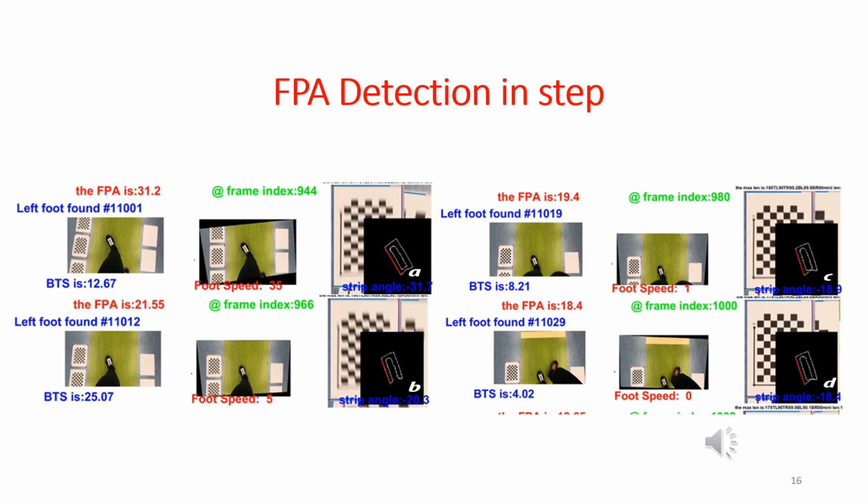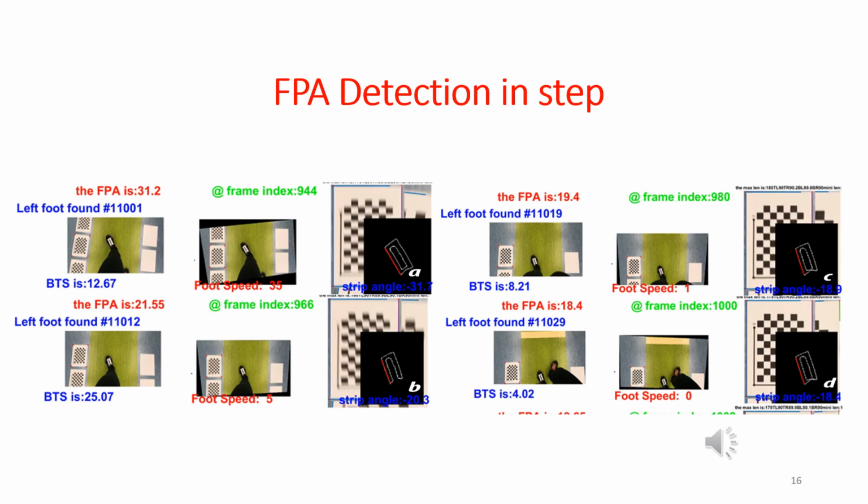So as soon as we set up the threshold to eliminate the calculating error or the camera impact parameters, we accept this one as the foot flat phase beginning. At the right top corner, we can see the foot speed almost dropped to 0. At this stage, the foot progression angle is 19.4.